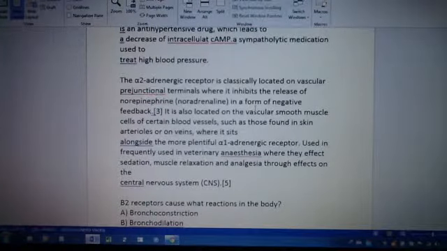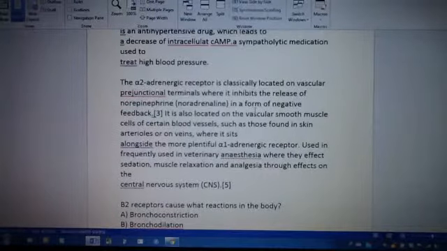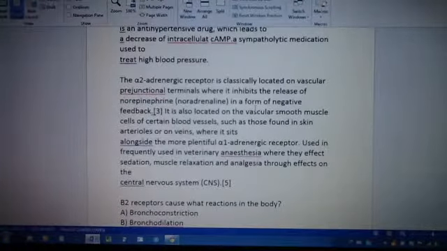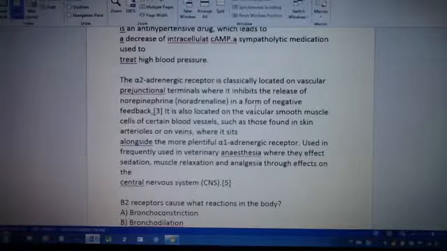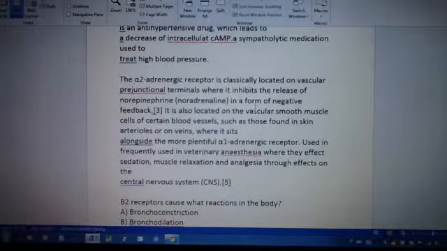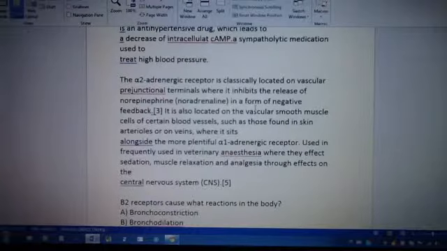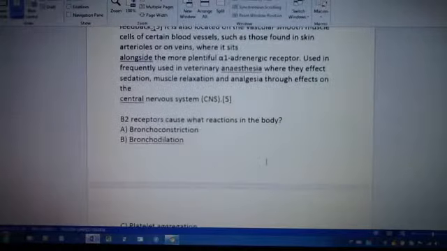It is also located on the vascular smooth muscle cells of certain blood vessels, such as those found in skin arterioles or in veins, where it sits alongside the more plentiful alpha 1 adrenergic receptors. Alpha 2 agonists are frequently used in veterinary anesthesia, where they can affect sedation, muscle relaxation, and analgesia through the effects on the central nervous system. So it's used to put animals under, and you can notice again that it's working on the CNS. Clonidine works on the CNS. It is an alpha 2 agonist. Remember this, because you always get it wrong.